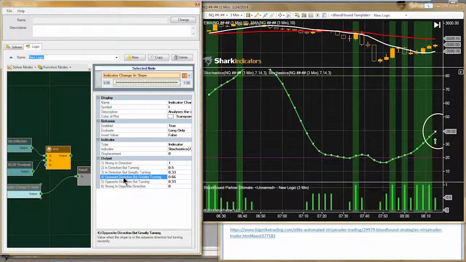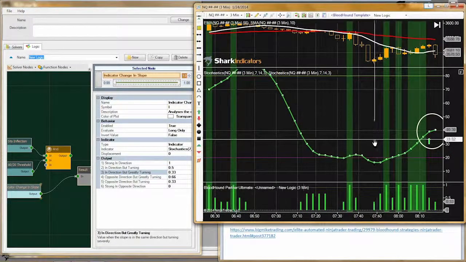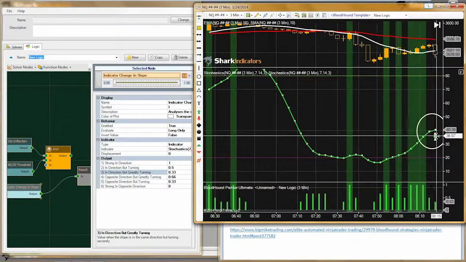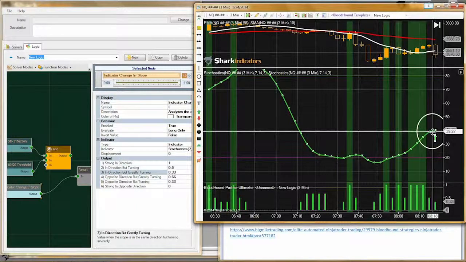So now if we move on to number 3, you're right, it's in the direction but greatly turning. What that really is saying is that we got a second bar where the angle is still tapering off. So we're still sloping up in the same direction, but we're turning even more.